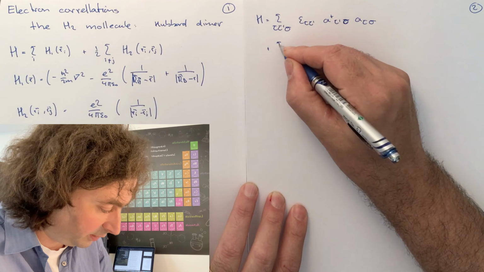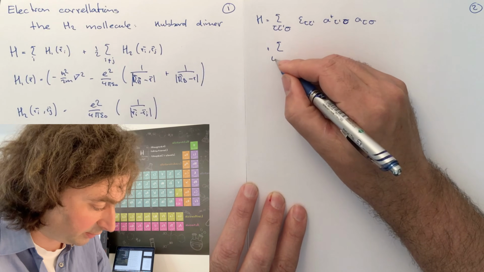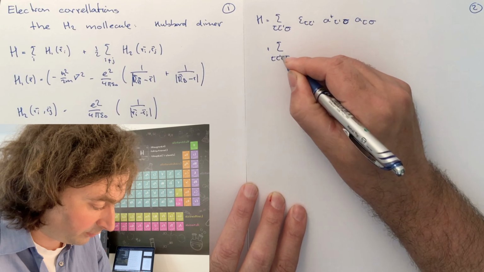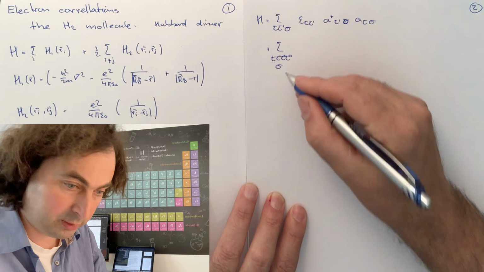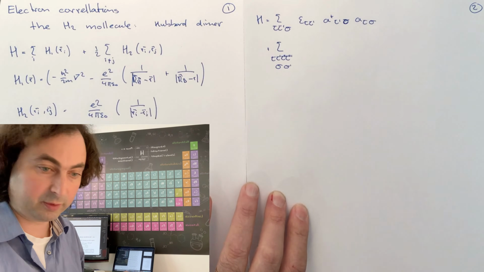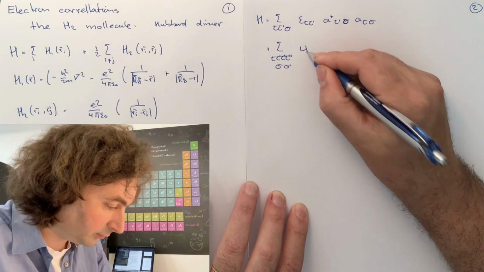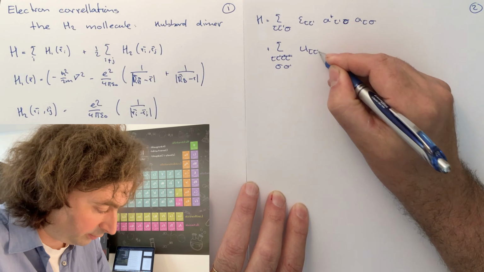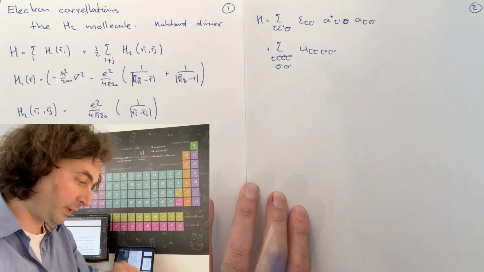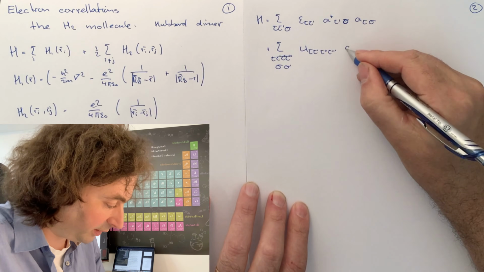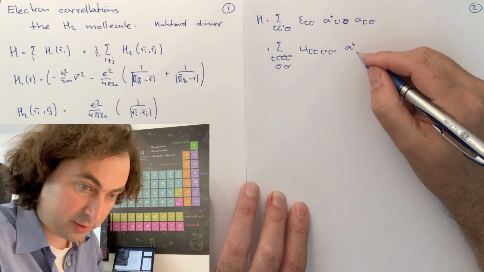And then we have the 2 electron interactions where we have 4 basis functions involved. And the Coulomb interaction as a prefactor depending on the basis functions that we have, and then 2 creation operators.